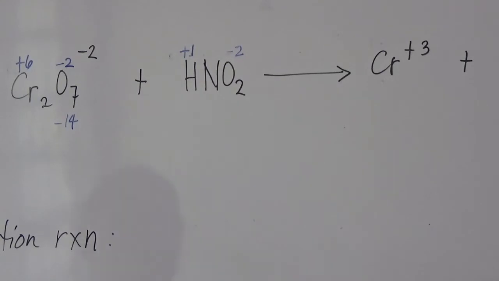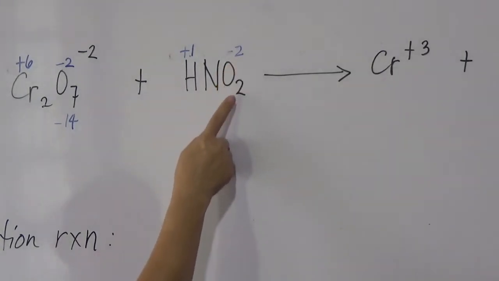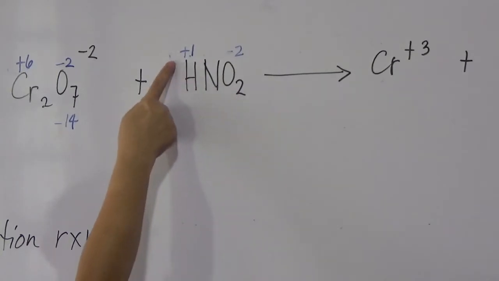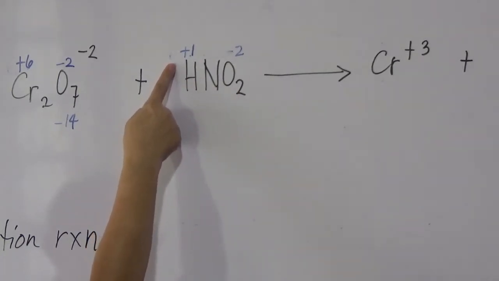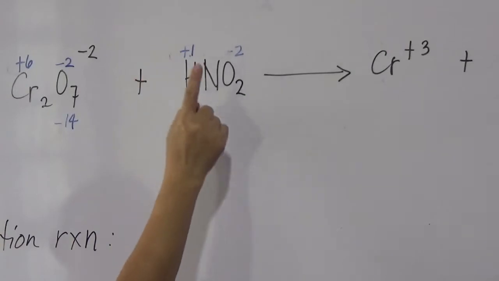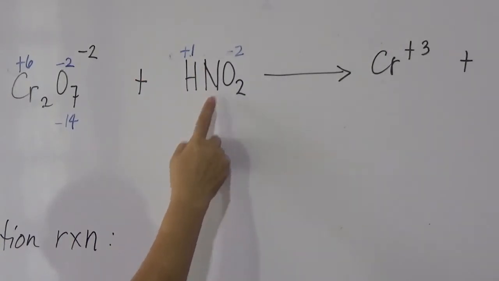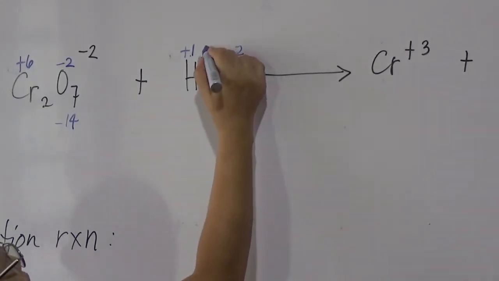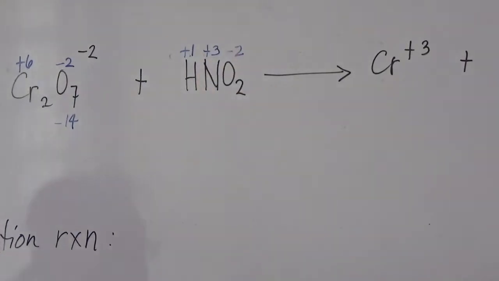So you have -2 times 2, that is -4. You have 1 here, so the sum will be -3. So what should be the oxidation number of nitrogen, such that the sum of the oxidation numbers will be equal to 0? This must be +3.